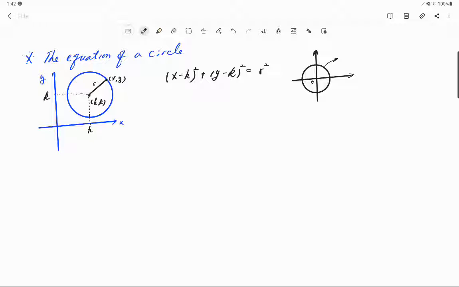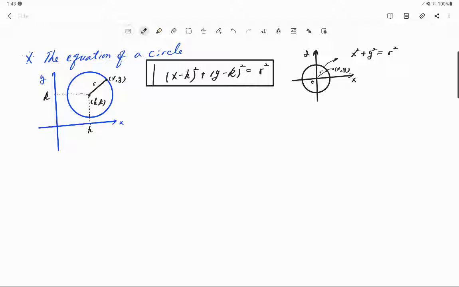Then the equation of the circle is x squared plus y squared equals r squared. Very simple, isn't it? r means the radius, and this point is x and y. Once we translate this circle h units horizontally and k units vertically, this will be the equation of the circle.